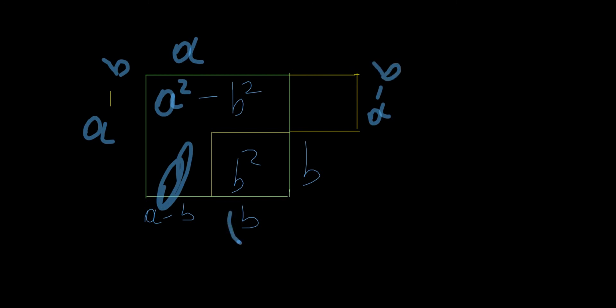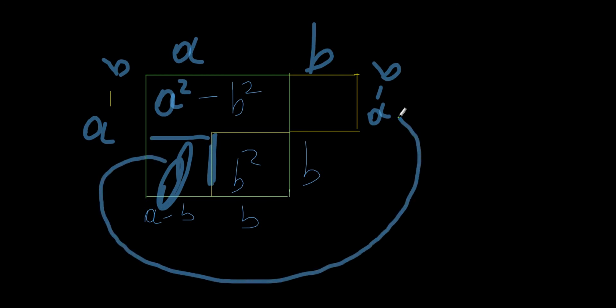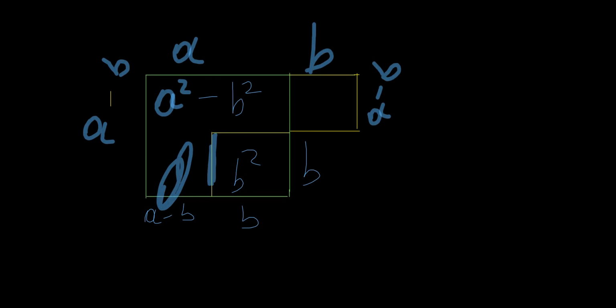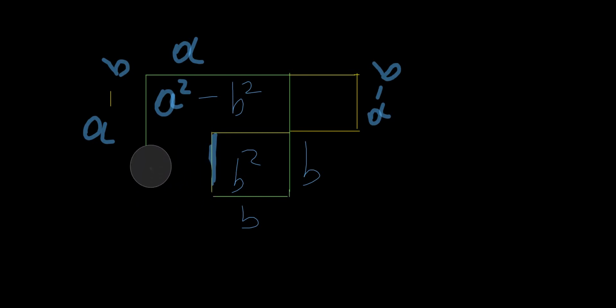And this side, which was b, is going to be here, because if we take this part and rotate it, this part will be here, while this part, which is b, will be right here. And we can erase this because we moved it.